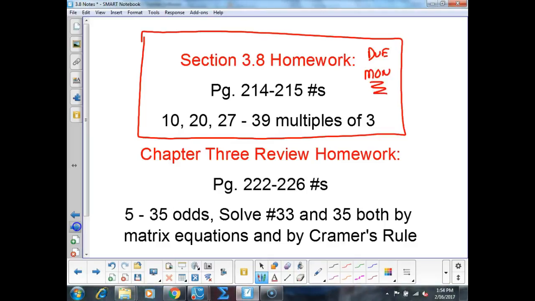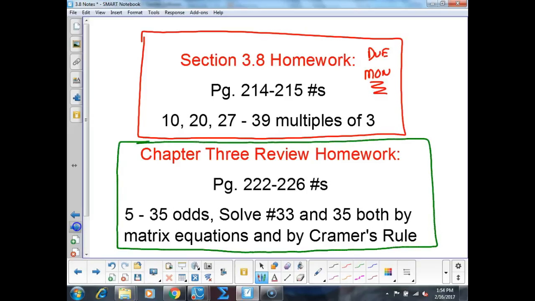So the top one there is due on Monday. If you wanted to start thinking about Tuesday's test, there is the bottom one. That's our chapter review assignment, and it will be due on Tuesday.